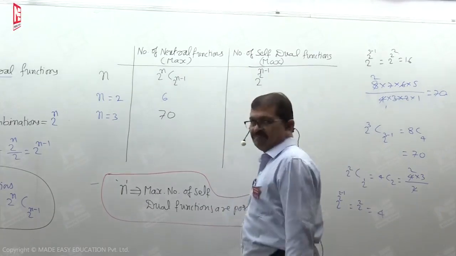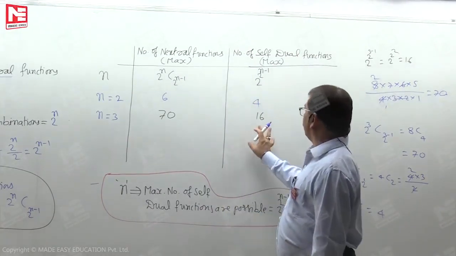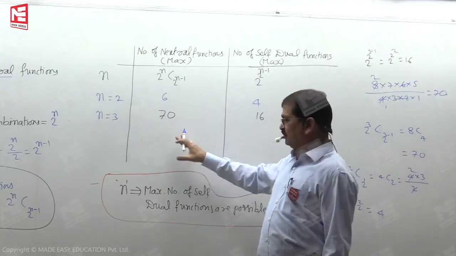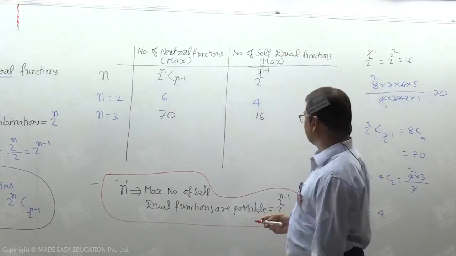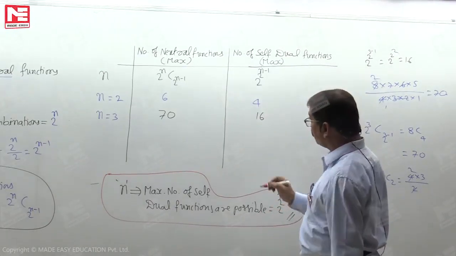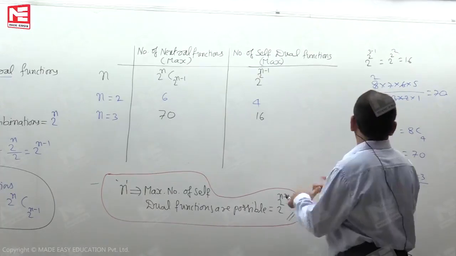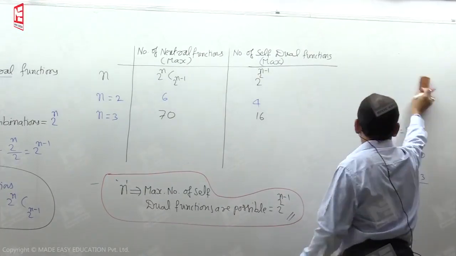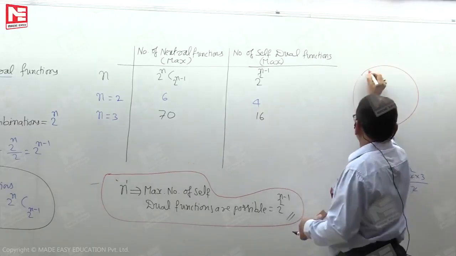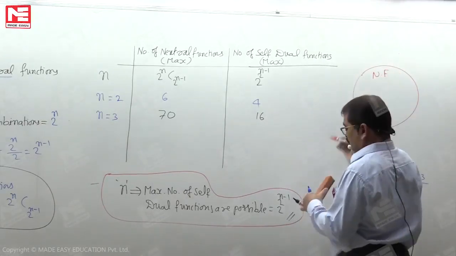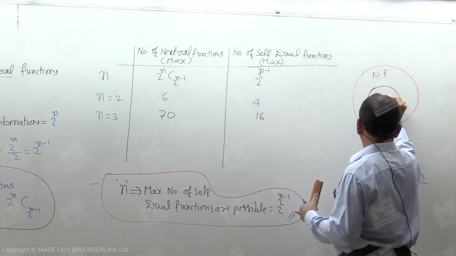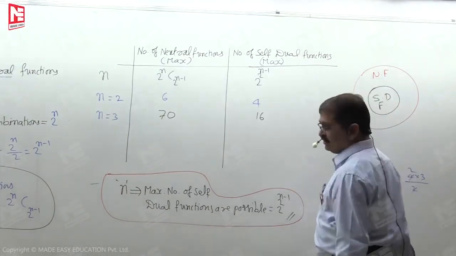So what we are looking, the number of self-dual functions are coming to be a subset of the number of neutral functions. So you can see here now, it is neutral functions, so self-dual functions will be a subset.